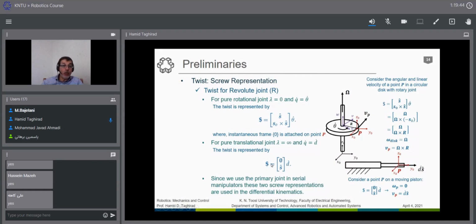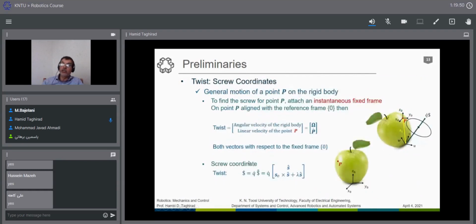If we have a more complicated case, then we use this general twist coordinate.